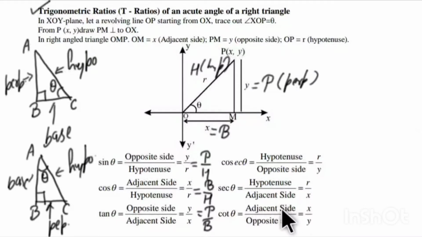As you know, cot theta is the reciprocal of tan theta, therefore cot theta equals B by P. Sec theta is the reciprocal of cos theta, that's why sec theta equals H by B, and cosec theta is the reciprocal of sin theta, that's why cosec theta equals H by P. These are the formulas.